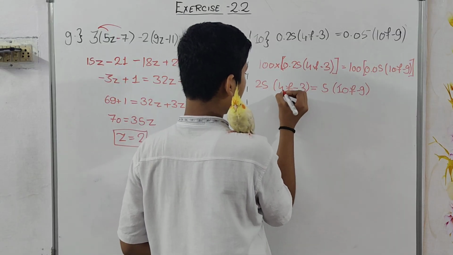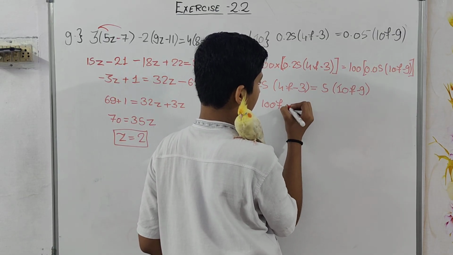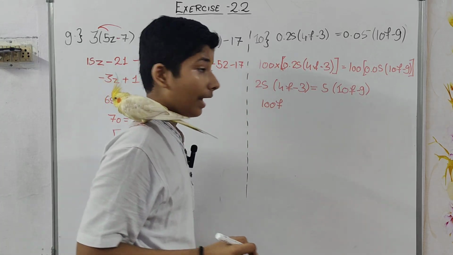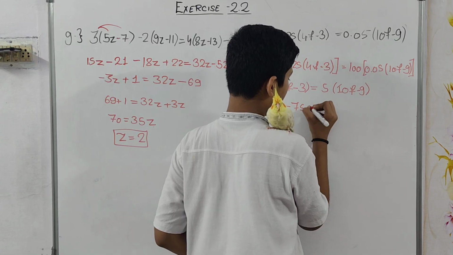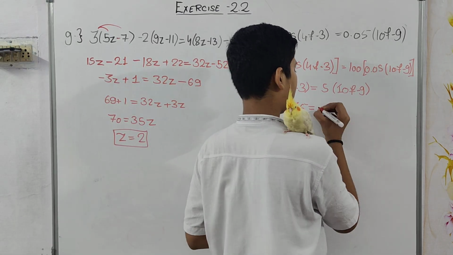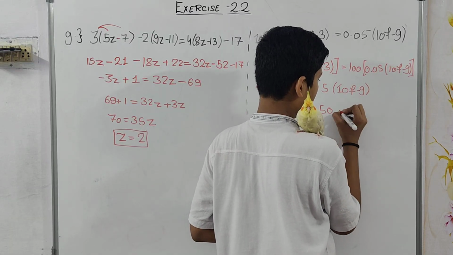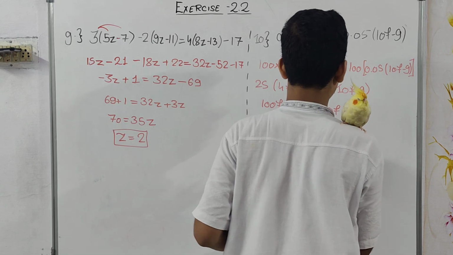Okay, now 25 into 4 is 100f, minus 25 into 3 is 75, equals 5 tens are 50f minus 45.